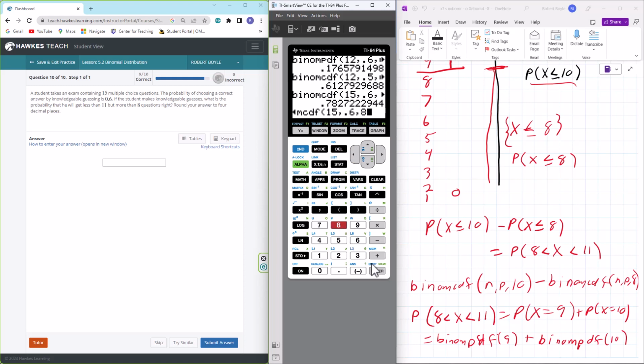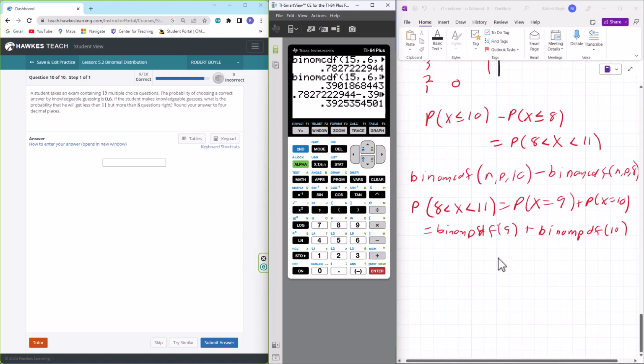Then the subtraction: let's highlight this. That is 10 minus the one right above it. And that gives us 0.39255. Let's go ahead and write that down. That's what we get from this.